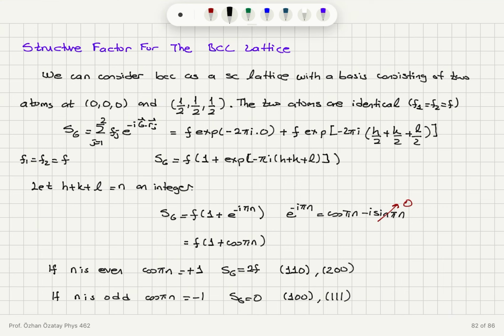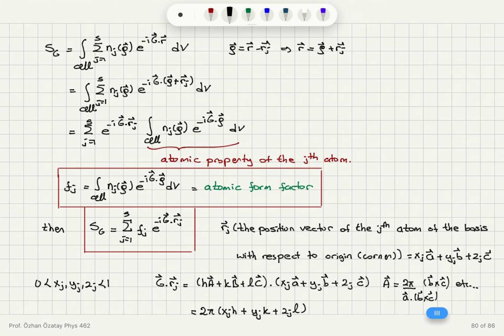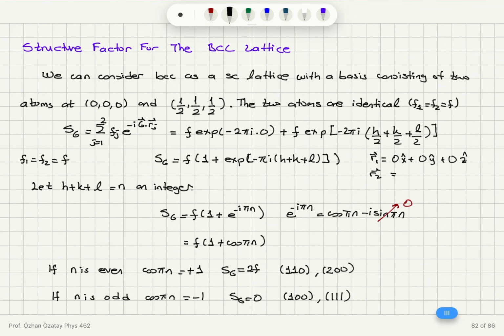For r1 I had 0 x hat plus 0 y hat plus 0 z hat, and for r2 I had position 1/2 x hat plus 1/2 y hat plus 1/2 z hat. So basically this dot product gives me this result.